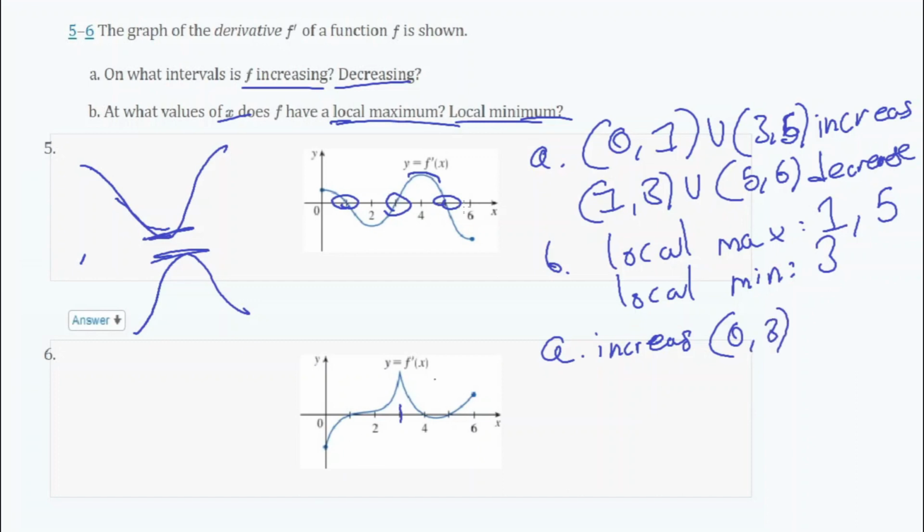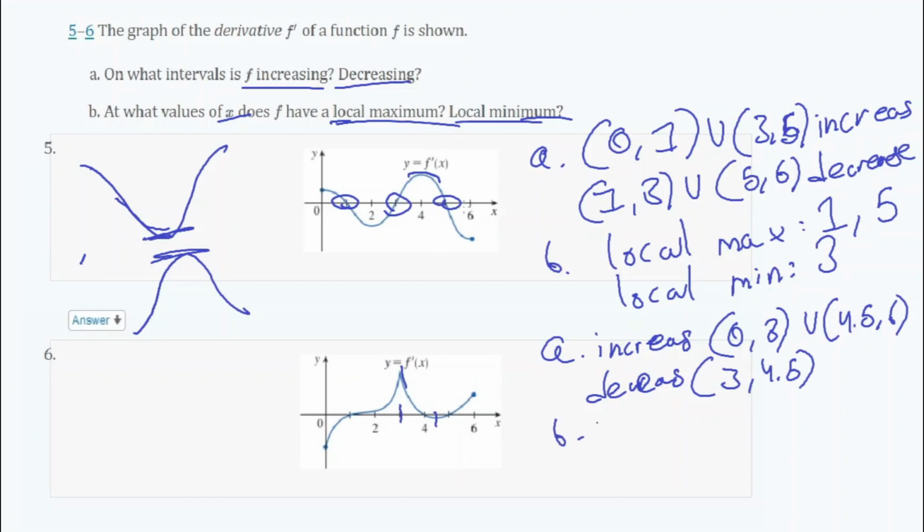At least it doesn't look like it's flatlining there. And it's also increasing on the interval of about 4.5 to 6. And decreasing is occurring during the interval of only 3 to 4.5. So only decreasing on one interval.